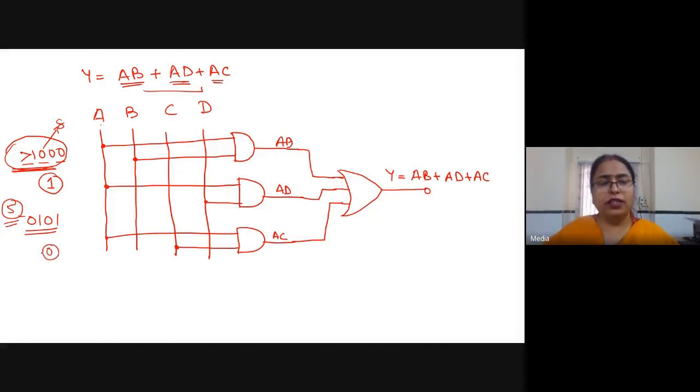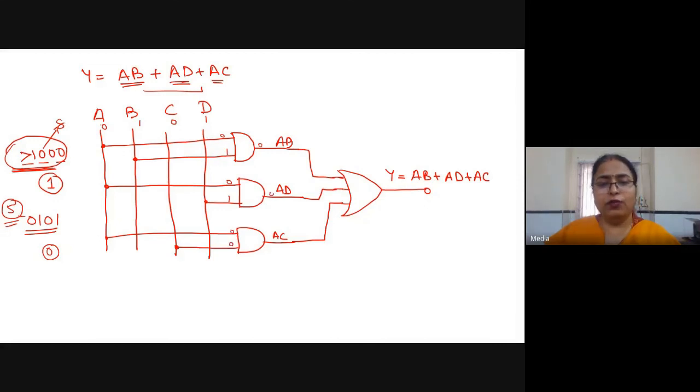This is what the equation gives me. So when I am giving 0, 1, 0, 1, what comes here? 0, 1 comes here, and when they are ANDed, 0. Here it is 0, here it is 1, here it is 0, here it is 0.